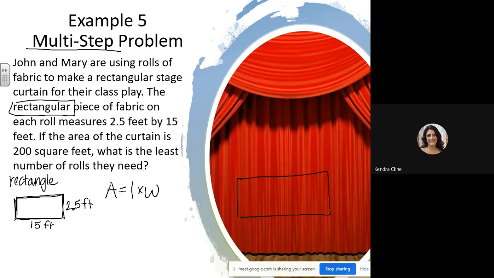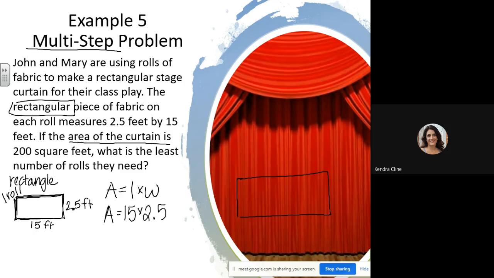This time they're not telling me what the area of the roll is. They're telling me what the area of the curtain is. So this is one roll right here. I don't know the area. I need to figure out what the area is. So I'm going to plug in my 15 times 2.5. Okay, and then I'm going to multiply that.